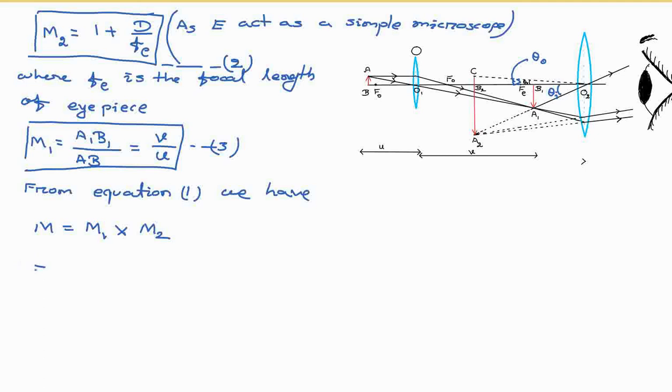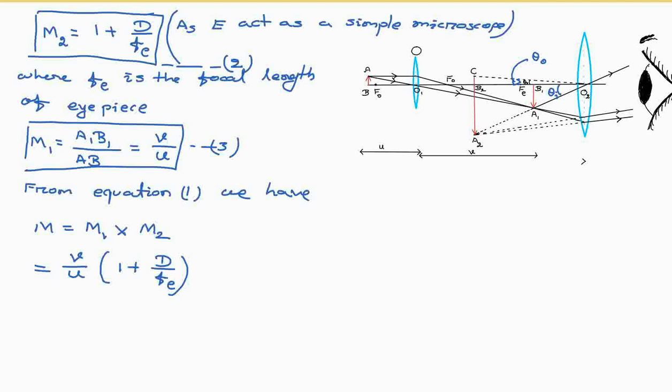So this is equal to, M1 is equal to V divided by U, and M2 is equal to 1 plus D by Fe. But see, here this V and U are variable quantities because we can vary the object distance and accordingly this image distance V will vary.